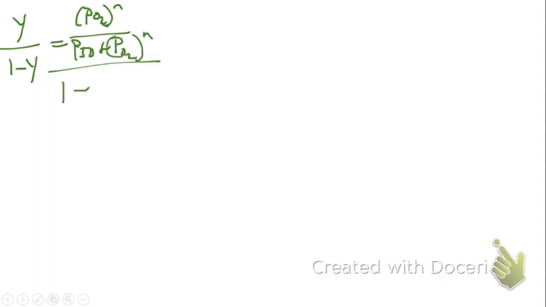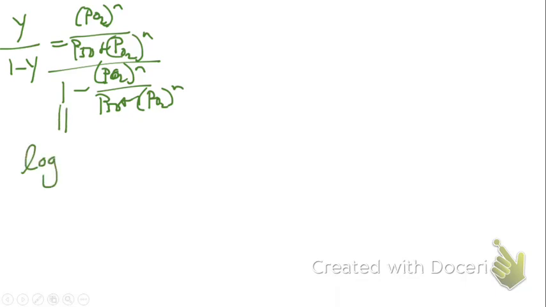We know y over 1 minus y is going to equal PO2 to the nth, divided by P50 plus PO2 to the nth, divided by 1 minus the same thing. Right? And again, we can do some manipulations.